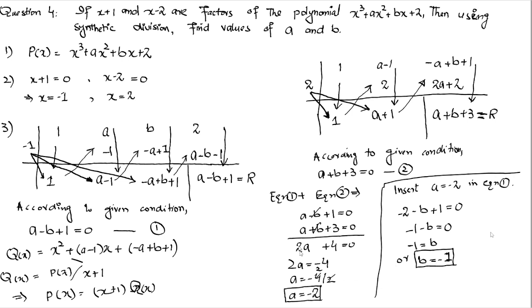Now, instead of using these two tables for division, we can perform division in a single table. So we will write coefficients of the given polynomial, which are 1, a, b, 2.